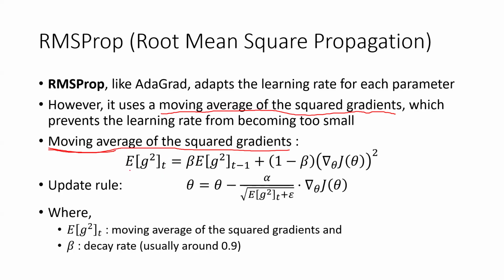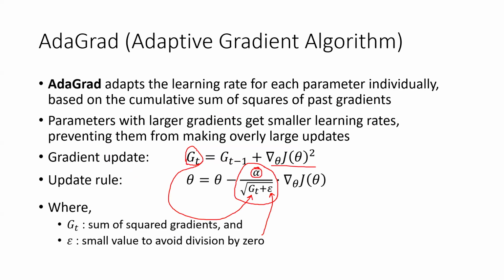In the earlier case, this is the g_t, and this is g_t minus 1, the previous time step's gradient, and this is the square of the gradients, right?